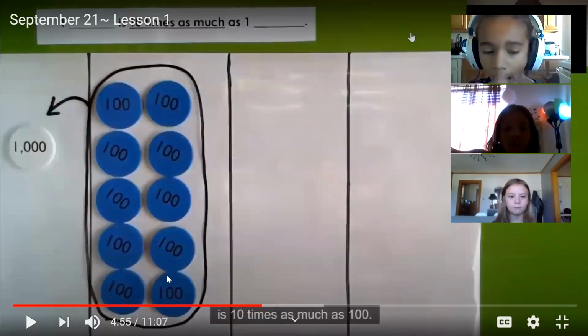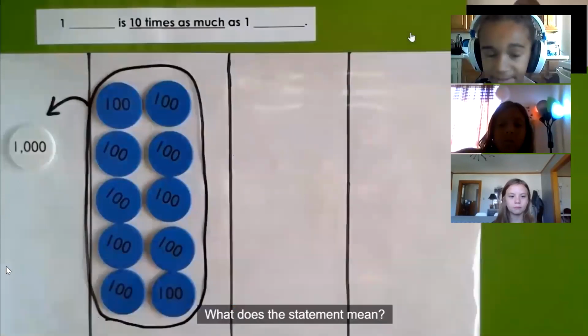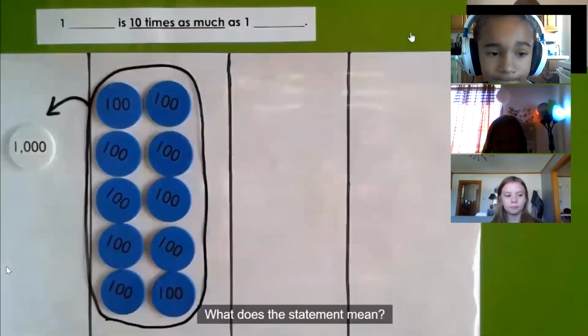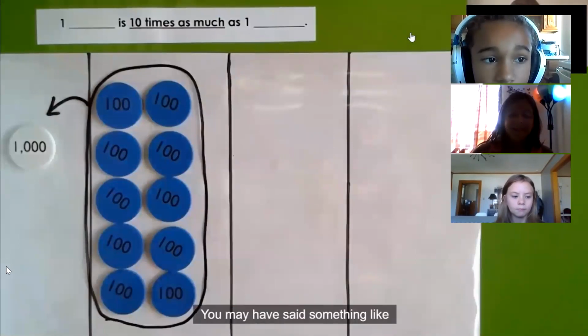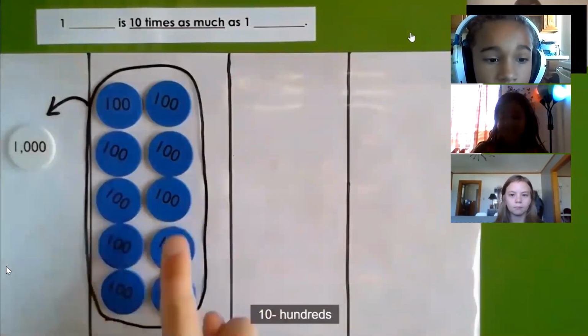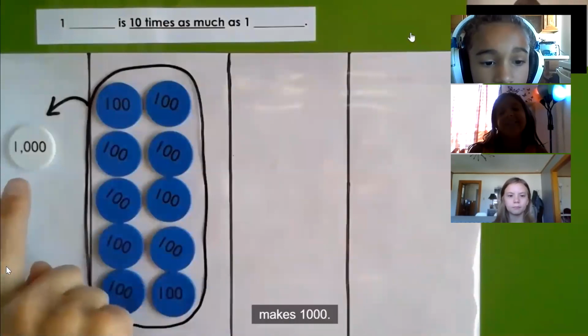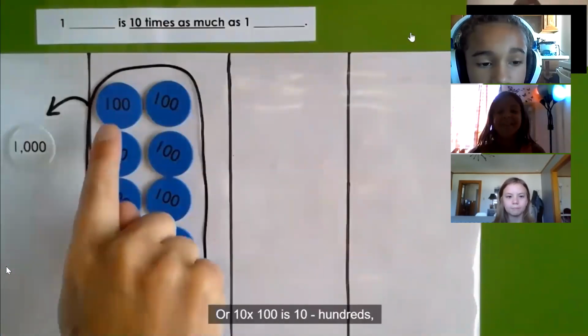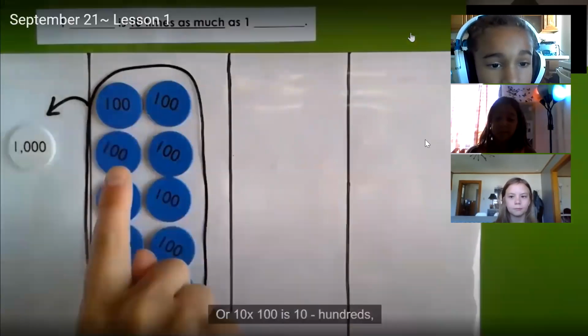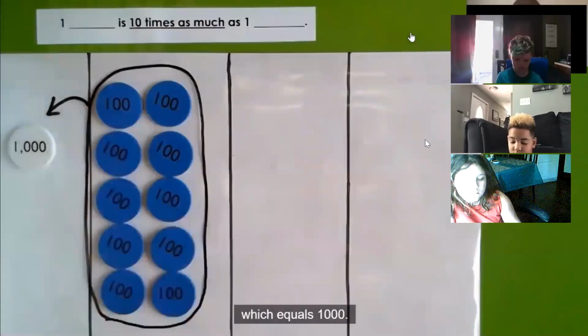That's why we have 10 discs here to get your 1,000. What does this statement mean? You may have said something like 10 hundreds makes 1,000. Or 10 times 100 is 10 hundreds, which equals 1,000.